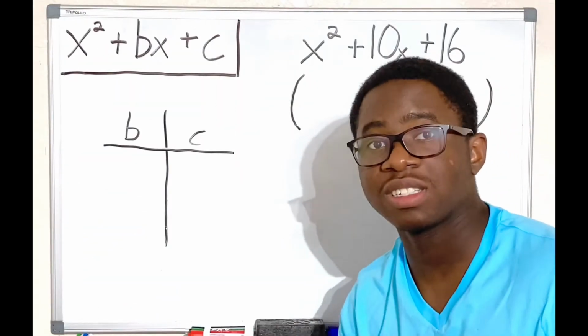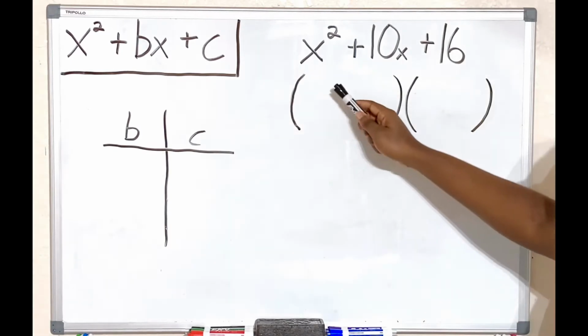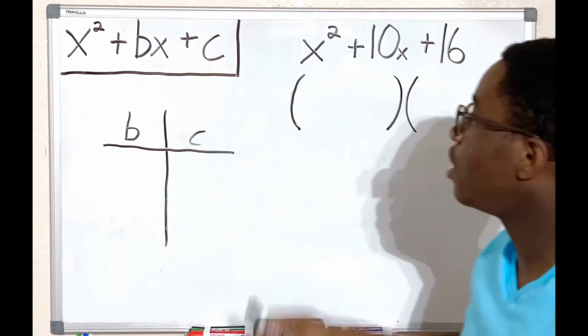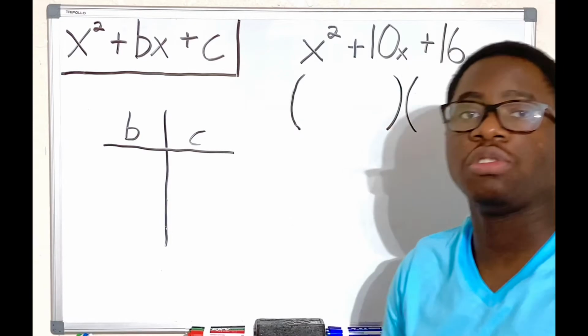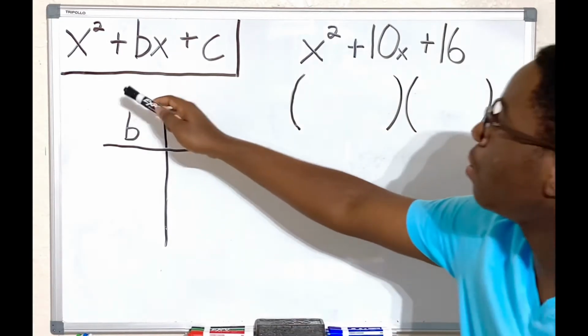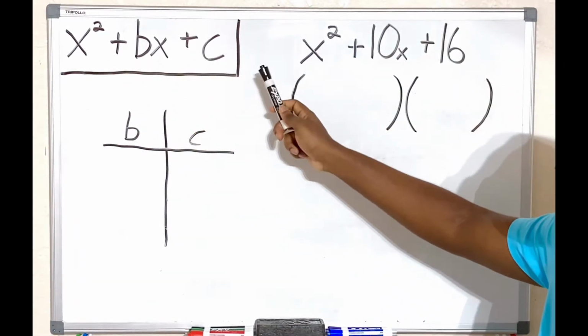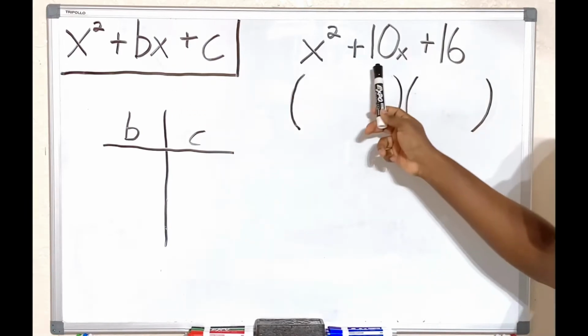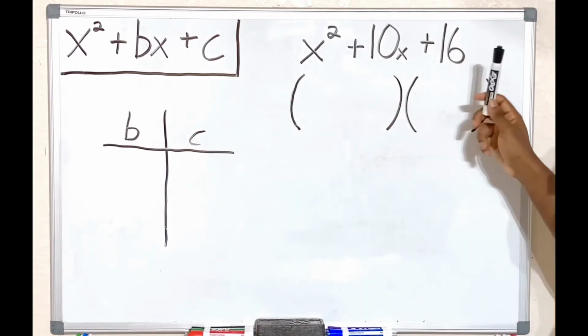Here we have x squared plus 10x plus 16. This is our trinomial that we're using today. If you look at the formula, x squared plus bx plus c, we have b being represented as 10 and c being represented as 16.